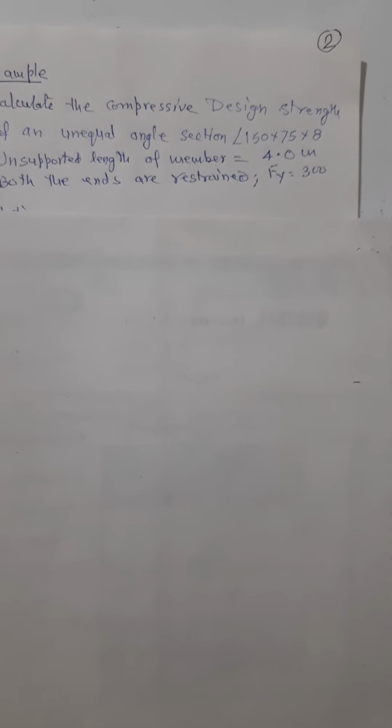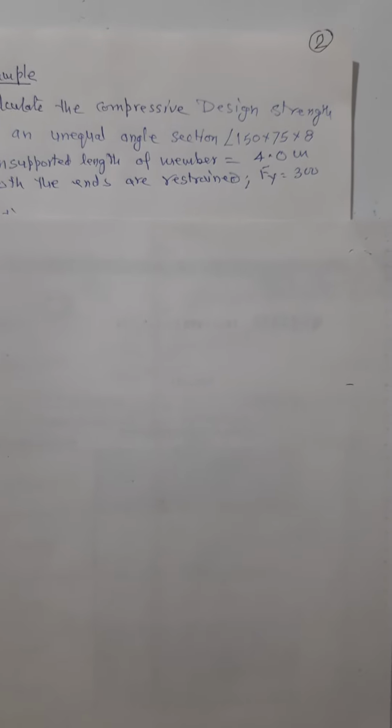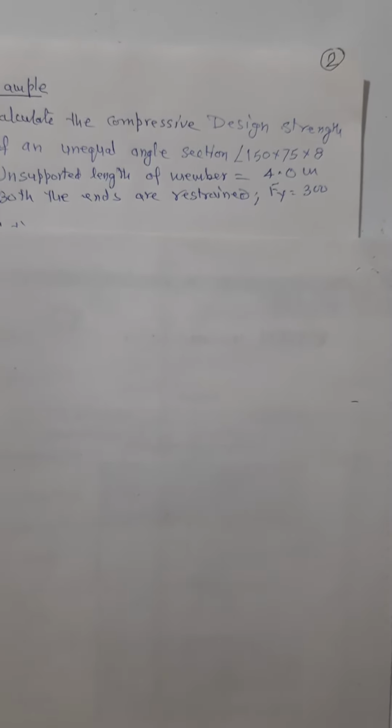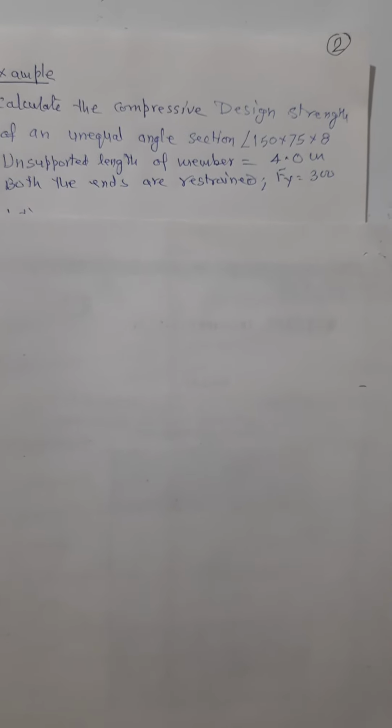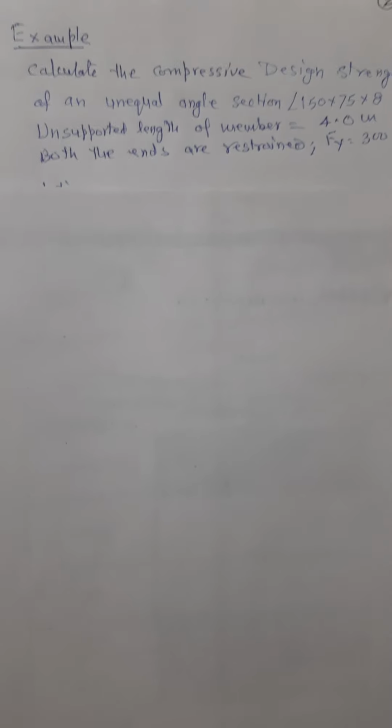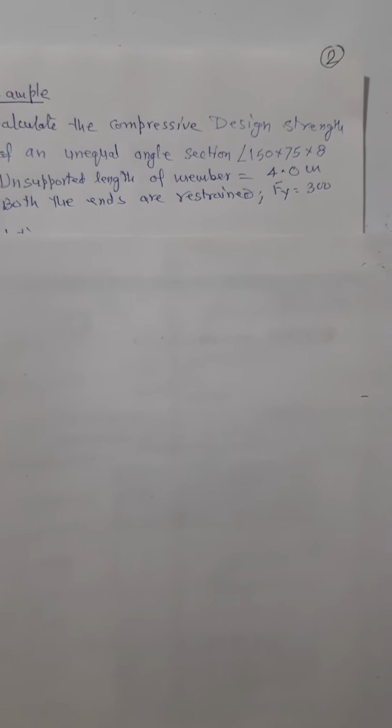Then to find out the ratio of KL upon R, when both the ends are restrained in translation as well as rotation, the value of K can be found without calculation, you can see from the code: 0.65. So we can find out the value of effective length LE.